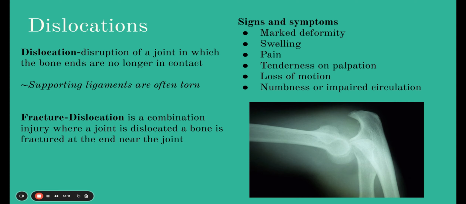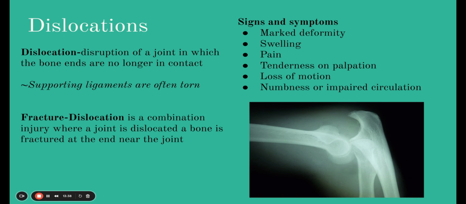So if the ligaments tore, it's a sure thing that the dislocation isn't going to solve itself. Sometimes when people dislocate something, it just pops back into place. But if there was enough damage and enough energy in the mechanism to completely tear the ligament, then it's not going to just resolve itself.